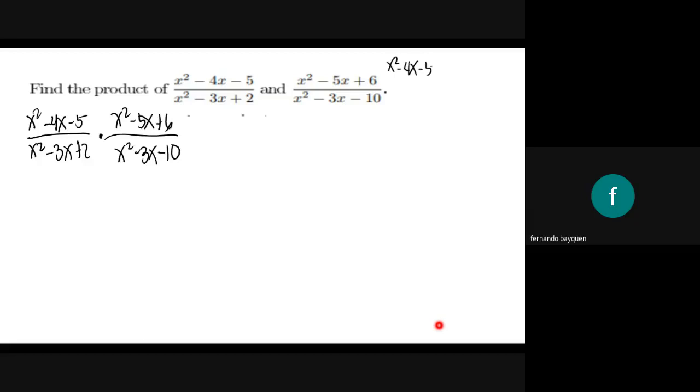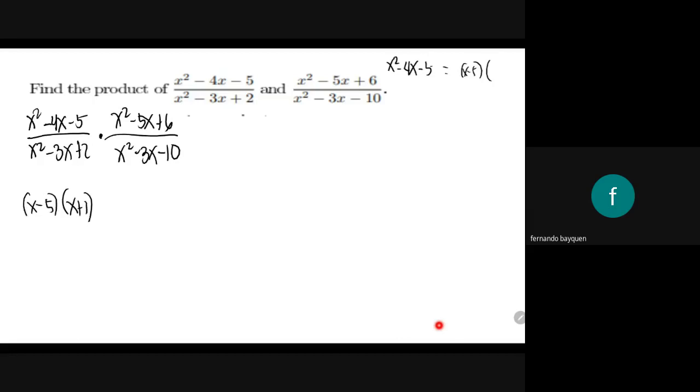Sir, Fernando. Sige. Negative 4 tapos positive 1. What are the factors of negative 5? Negative 5, plus 1. So how are we going to make it a factor? Kasi ang sinasabi mo lang, minus 5, x minus 1, x minus 5 and x plus 1. Yeah, that is correct. X minus 5, x plus 1.